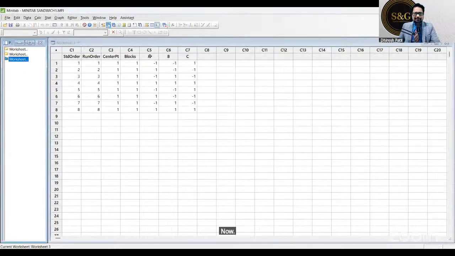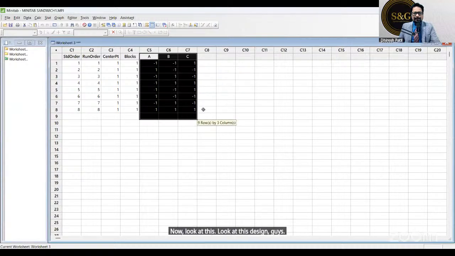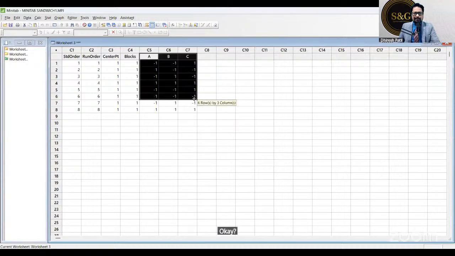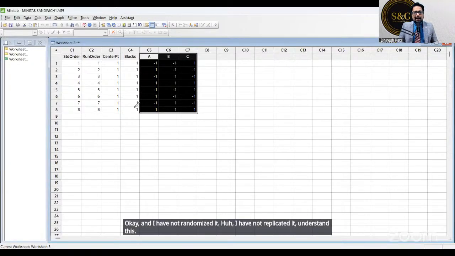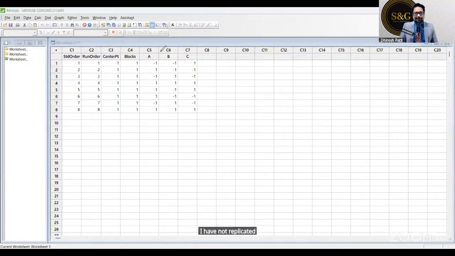Now look at this design, guys. Only look at the design. So I have not replicated it, and I have not randomized it. Understand this. I have not replicated, I have not randomized.